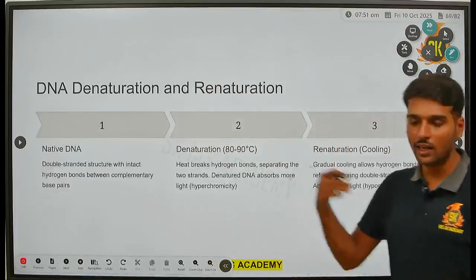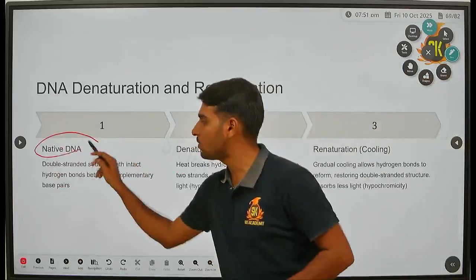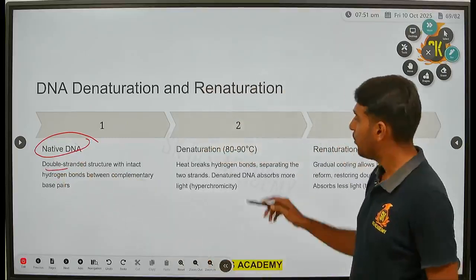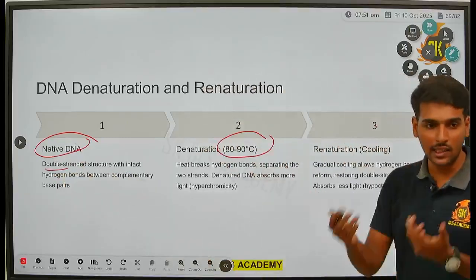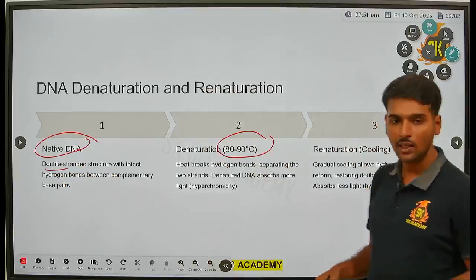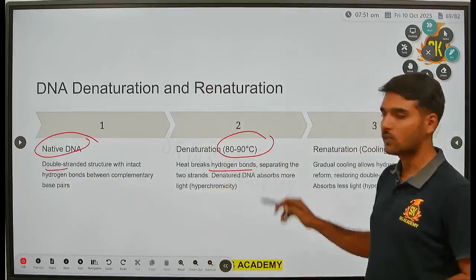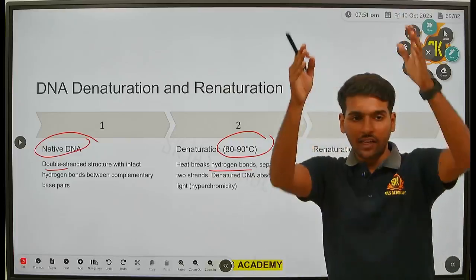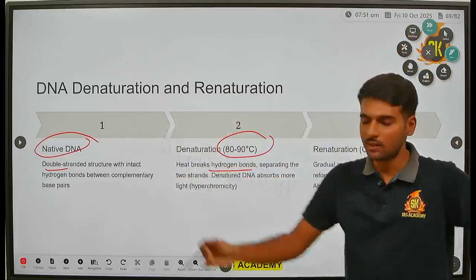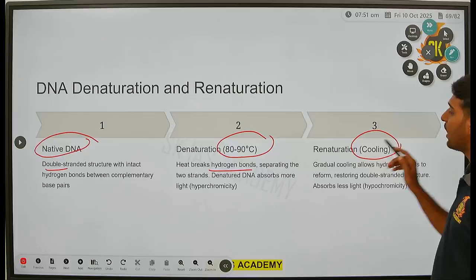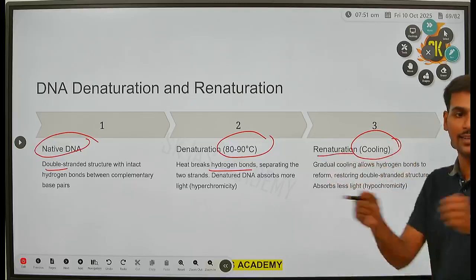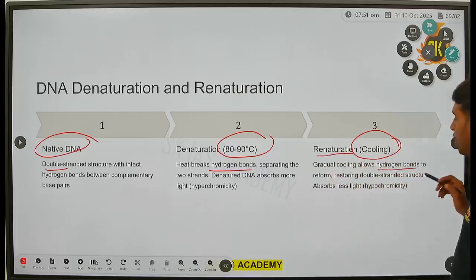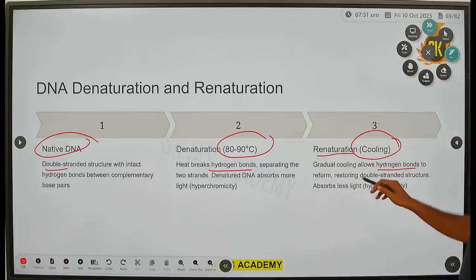DNA denaturation and renaturation. Native DNA is double stranded, right? But when a temperature of 80 to 90 degrees Celsius is attained, hydrogen bonds break down and the double stranded DNA becomes single stranded. Upon cooling, it renatures, that is, it binds again with hydrogen bonding, restoring its double stranded structure.